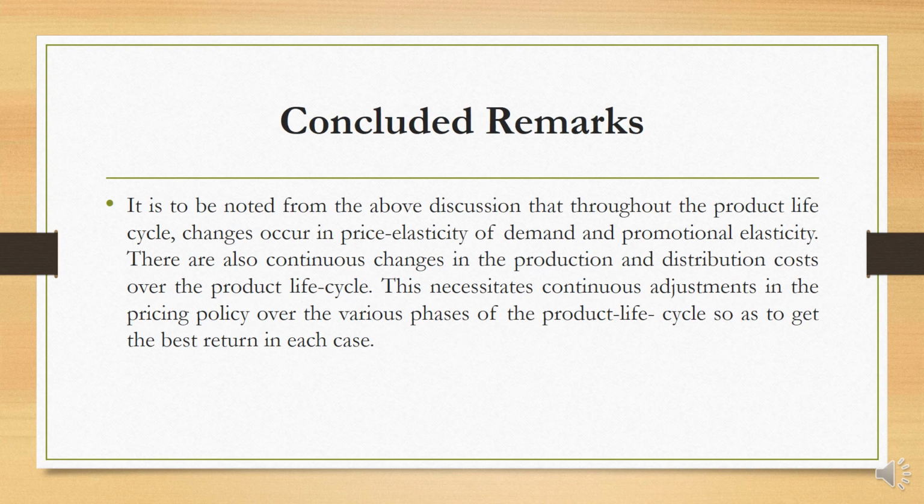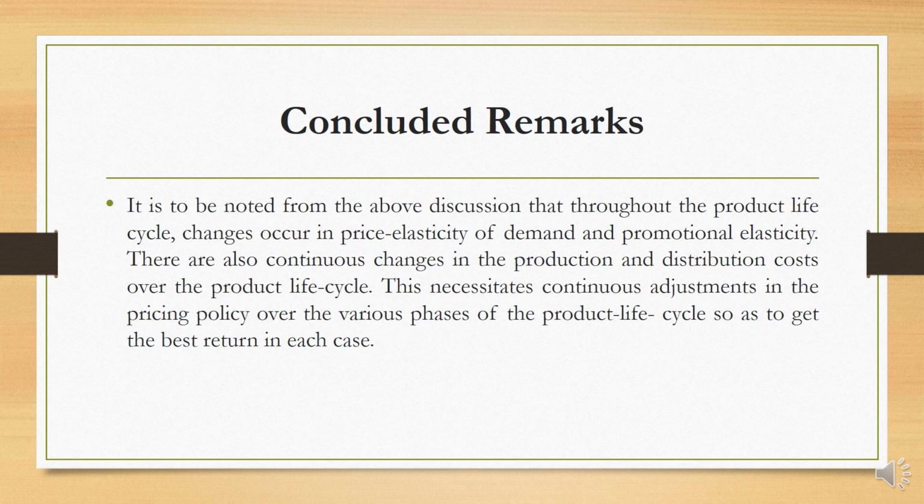So far we discussed the 5 stages of the model and the diagram of the model. Now the concluding remarks on the model. It is to be noted from the above discussion that throughout the product life cycle, changes occur in price elasticity of demand and promotional elasticity.